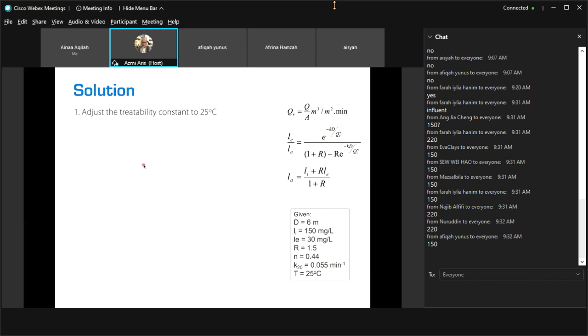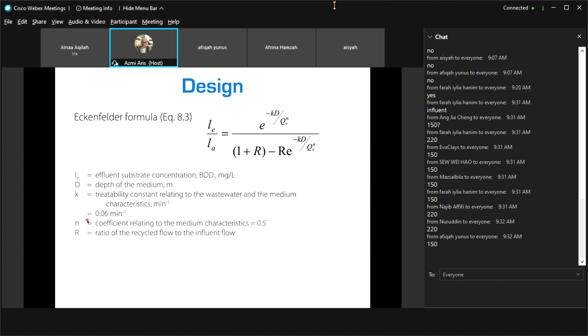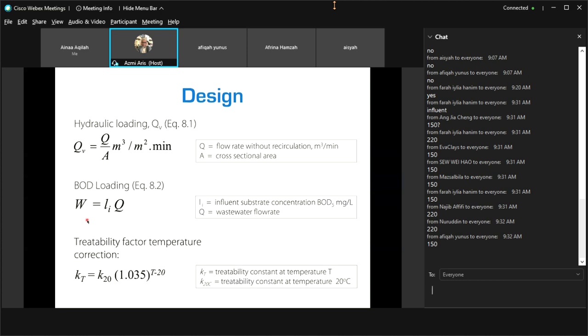So just now the question gave us the K value at 20. As you know from your experience with BOD, if the temperature is different than 20, you have to do the conversion. You have to convert the K at a different temperature from K20. So here we have to find K25 from K20 using, oh, did I miss the equation? Using this equation.